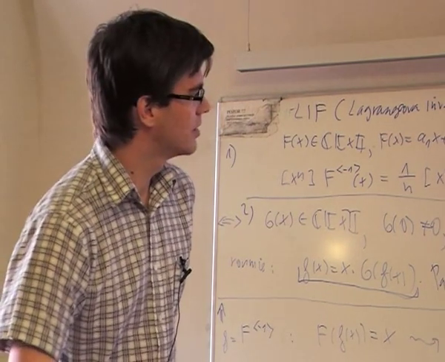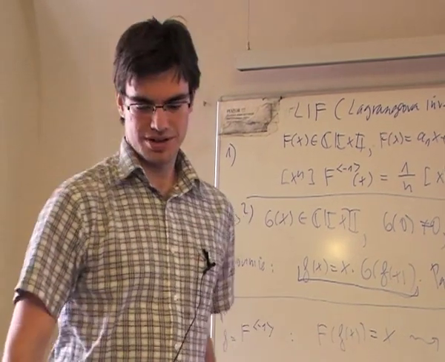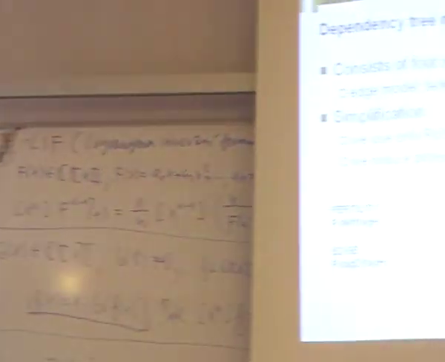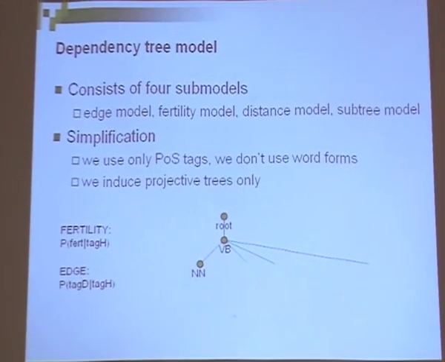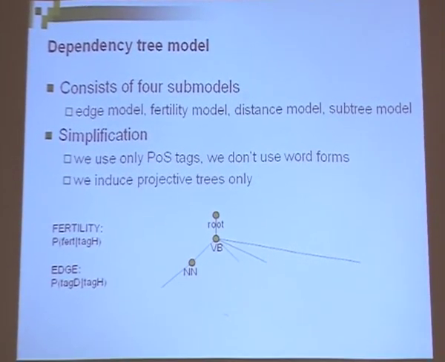So first, I will generate the fertility of a verb. Then I generate the first child, which is a noun. The fertility of the noun is only 1 to the left, for example, and I generate the determiner. And the fertility of the determiner is 0. Then I go to the second child of the verb, and this is the adverb, and the fertility of the adverb is 0. I go next to the preposition.